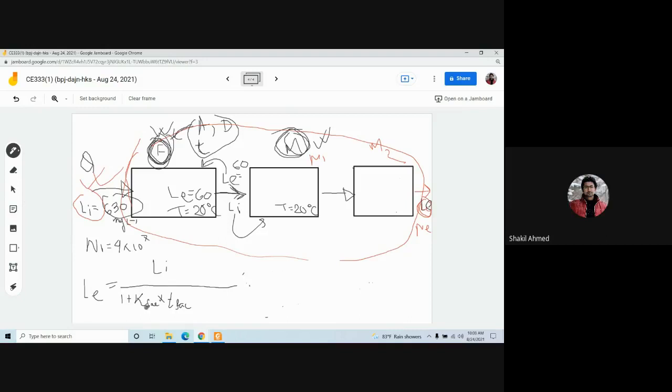Let's say K is the same for all ponds, so we'll just write K. Then, 1 plus K into T maturation, and then another maturation, 1 plus K into T maturation.